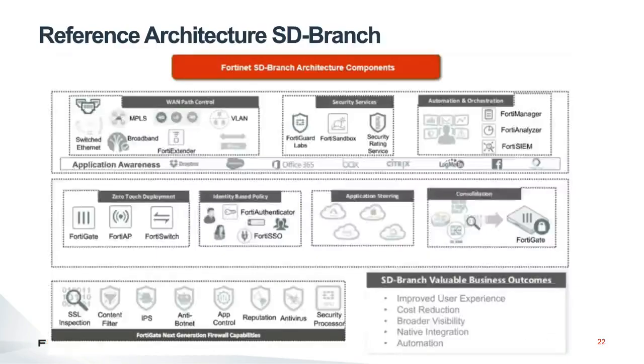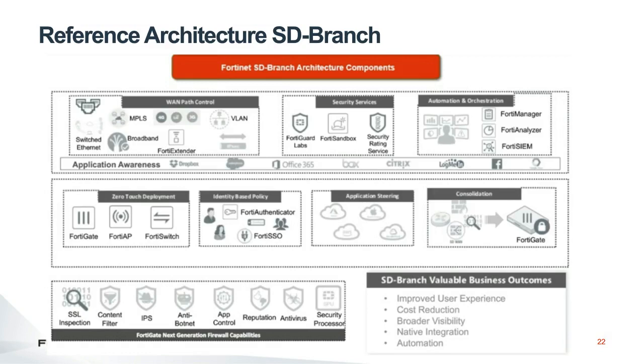So I shall just go on to the reference architecture for FORTINET software-defined branch architecture components. On the top layer, for a branch to get connectivity back to HQ, they will need a WAN path, which is your MPLS link, your broadband, or just an internet lease line, or it could be the VLANs that you want to direct from the branch all the way to HQ.